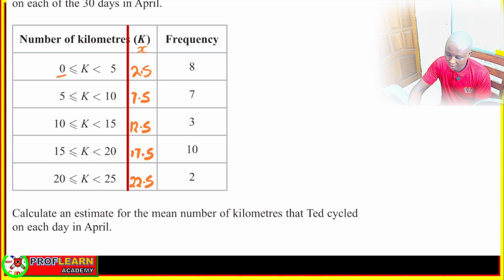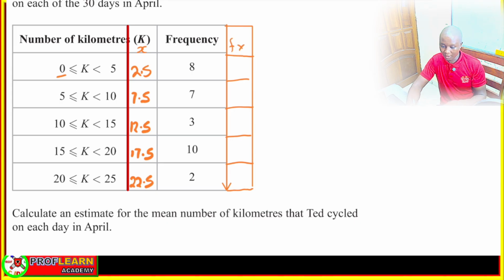And then the next thing is to get the values of x times f. I'll have to create another table here so that now I can have fx at this point, meaning f times x.